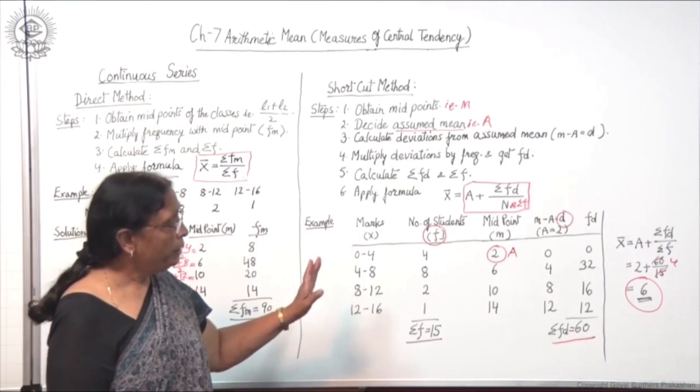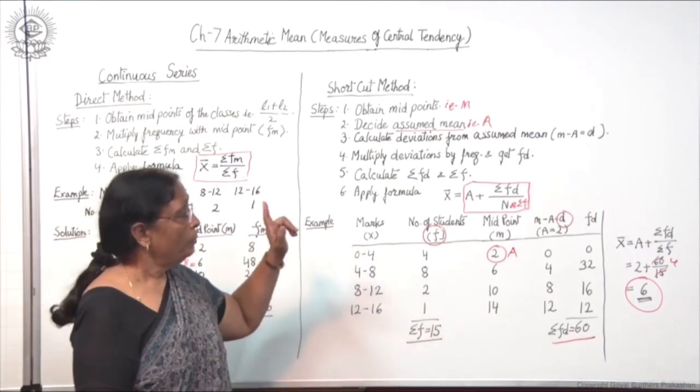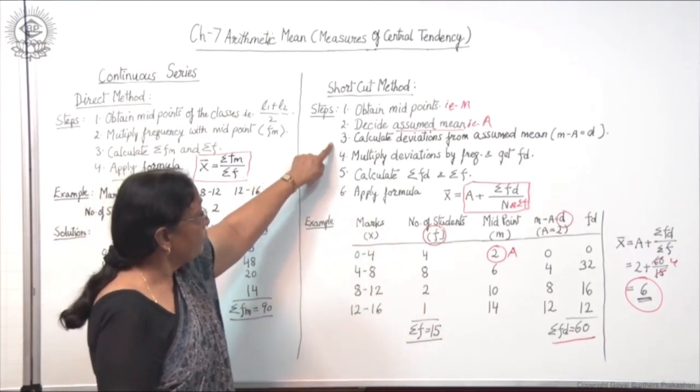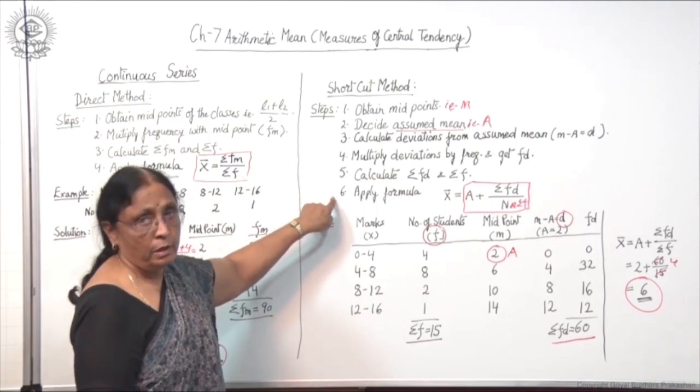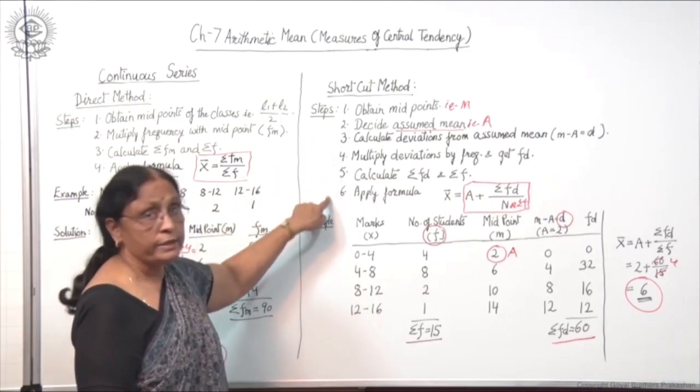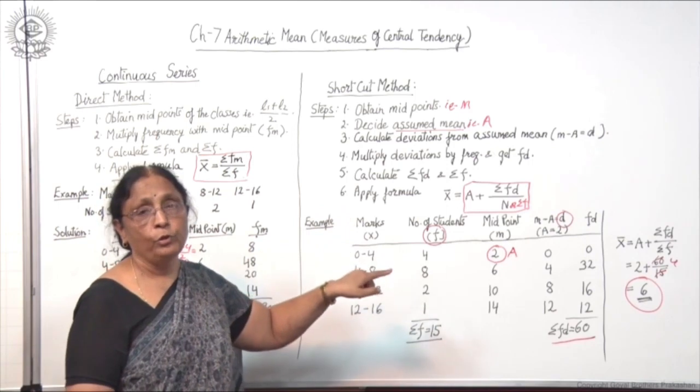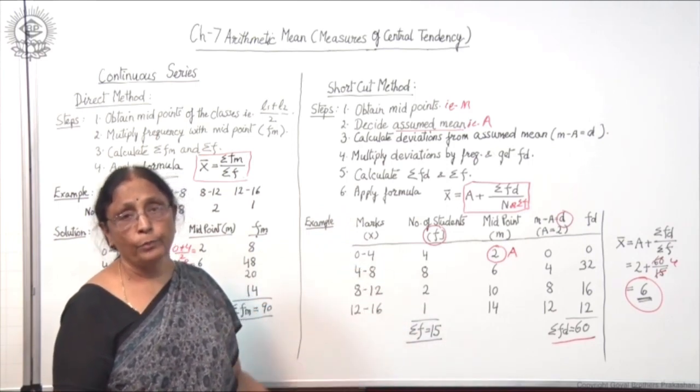Right? So try it and you will enjoy, but remember that you should be very clear about the steps, because until you know the steps, you will not be able to apply the formula properly.